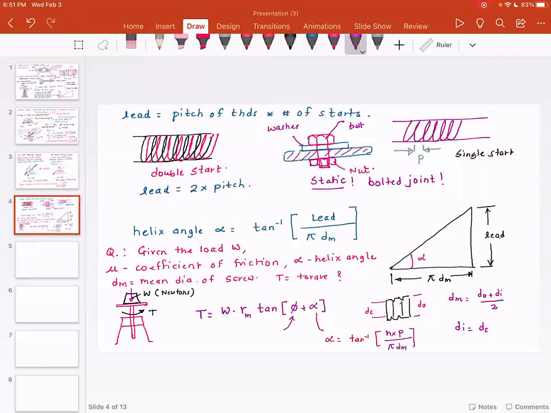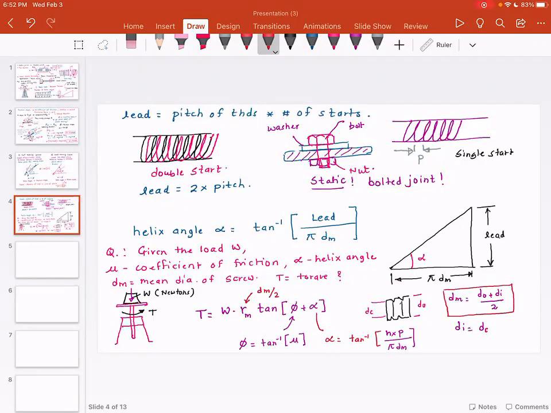Phi is the friction angle, which is tan inverse of mu. W will be given in the problem. Rm is nothing but dm divided by 2. And dm is given by this expression.